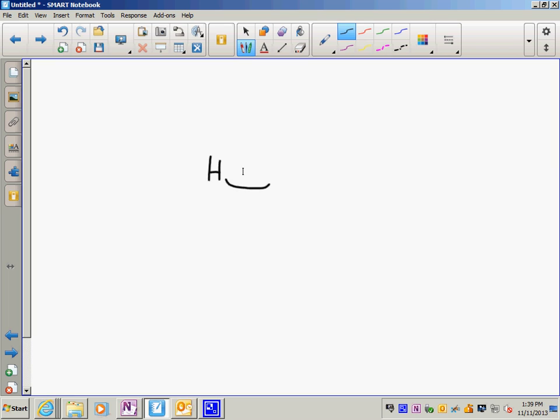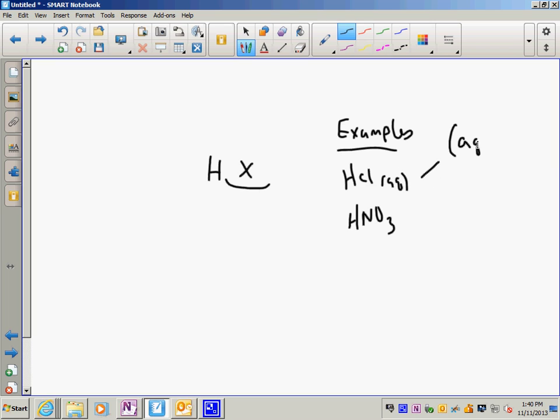A very common example, I'll just put X down, but common examples of acids might be HCl or HNO3. These would be dissolved in water, so we put AQ, for aqueous.